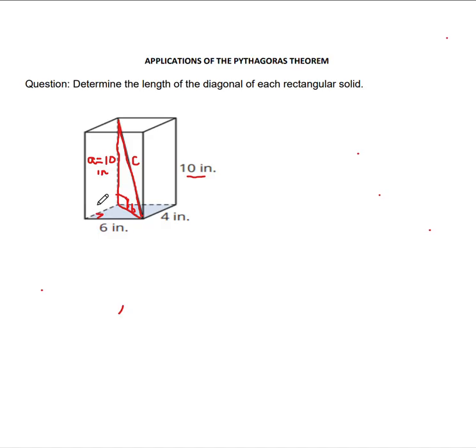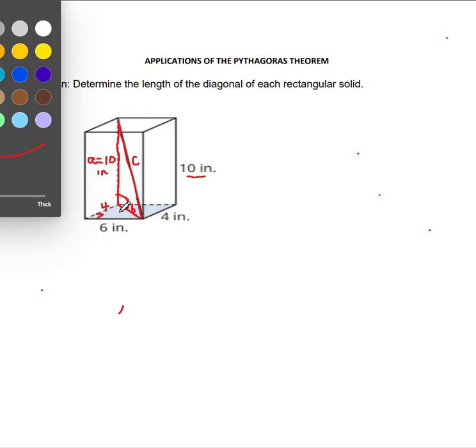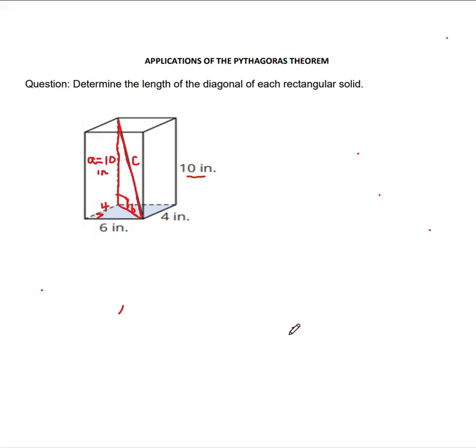So, of course, that means that since this length is 4 inches, then this length over here is also going to be 4 inches because it is on the opposite side. Right? Opposite sides of a rectangle have the same length, so of course this would have a length of 6 inches, but we're not focusing on that side of the rectangular base. We only need to focus on one side. The dimensions are the same on both sides, so you're going to get the same answer anyways.